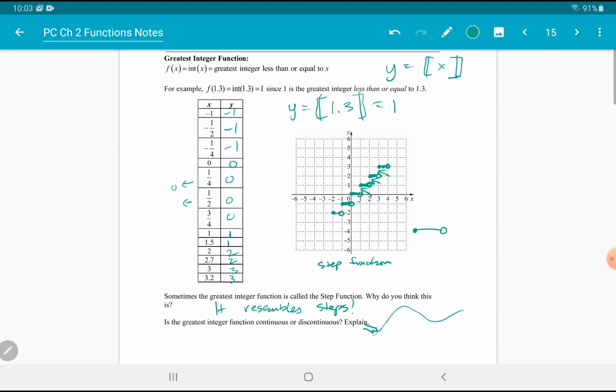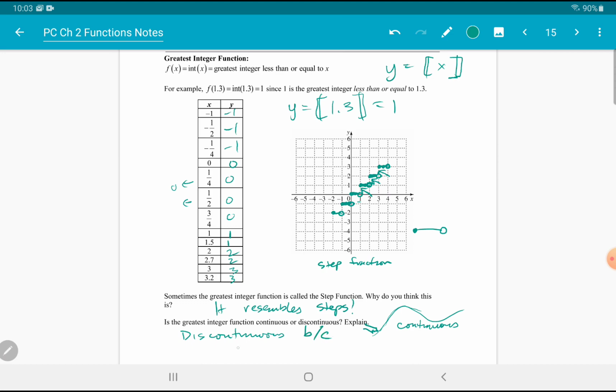If you can, we call that a continuous function. If you have to lift up your pencil to go on to the next part of the graph, then it is discontinuous. In this case, because we have to lift our pencil up every single time at each integer to get to the next step, this is going to be a discontinuous graph.